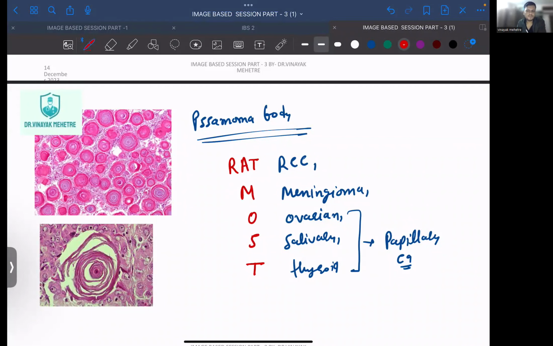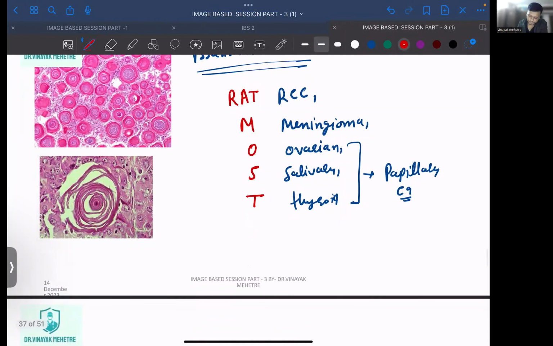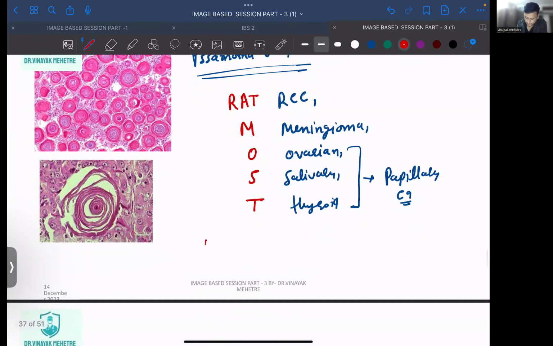Okay, "raat most" is the mnemonic. And which type of calcification is seen in Psammoma body? Anyone? It is dystrophic calcification. So what is getting deposited? It is calcium.